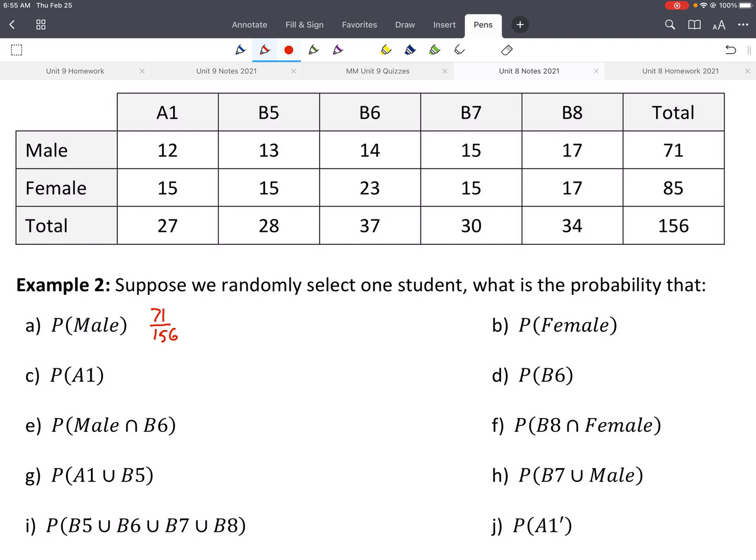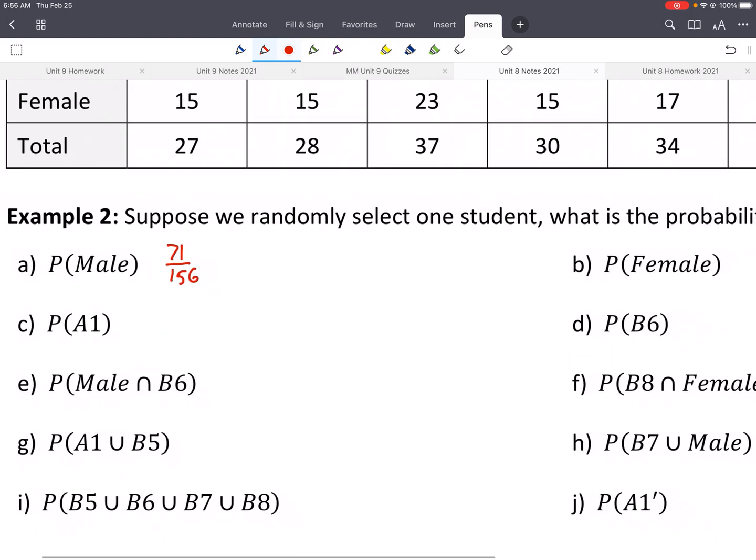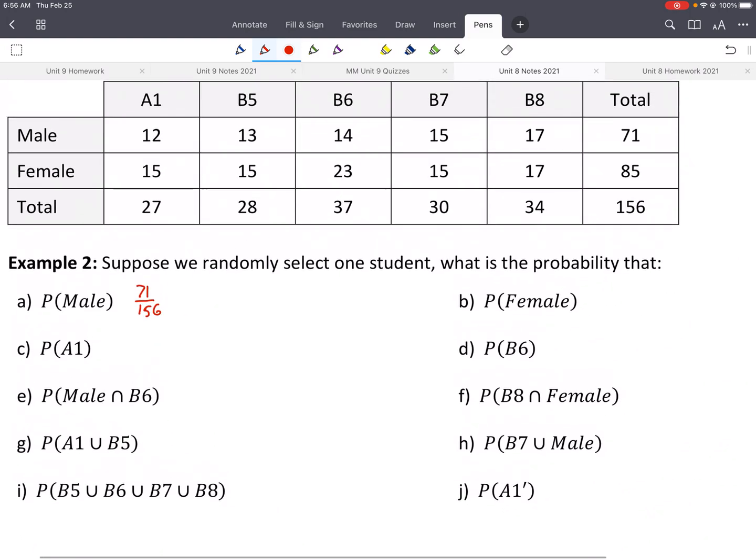But if you're asked to, make sure you do that. If you do the test remediation on MathSpace, it will ask you to reduce your fractions. All right, enough said.